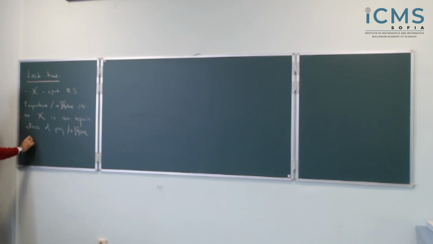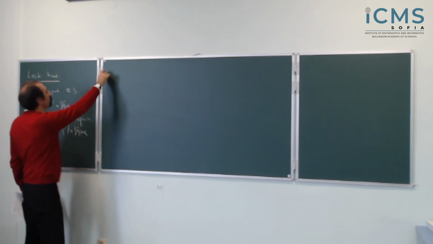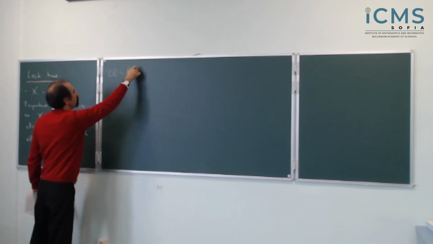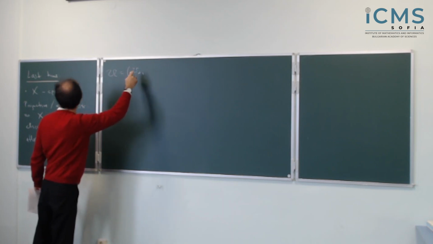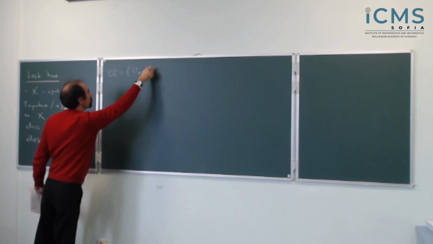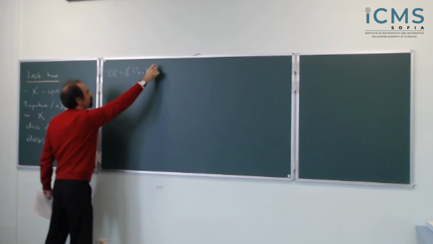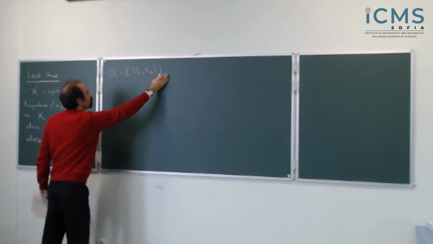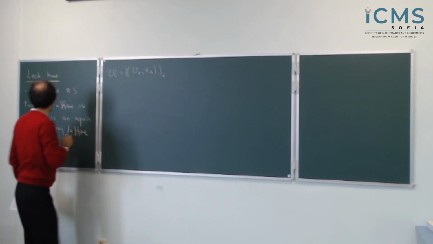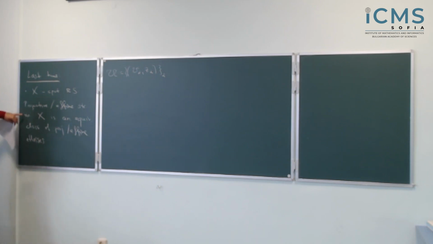Our atlas is a collection of local charts, these z alphas will be the coordinates, and we put a restriction on the transition functions of this atlas.